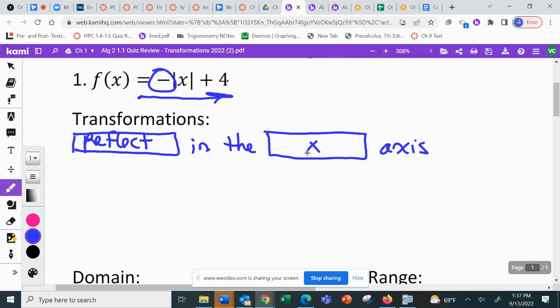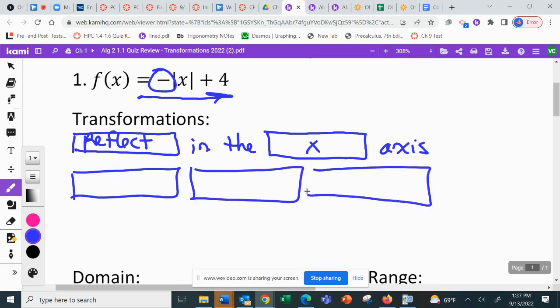And then there's a second transformation, that +4. So it's going to look like blank, blank, blank units. You need to know the fancy word, translate.